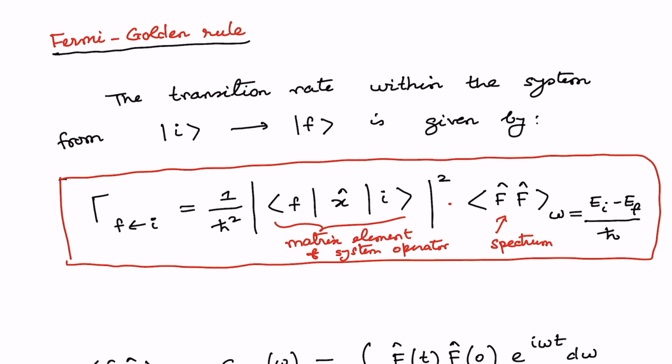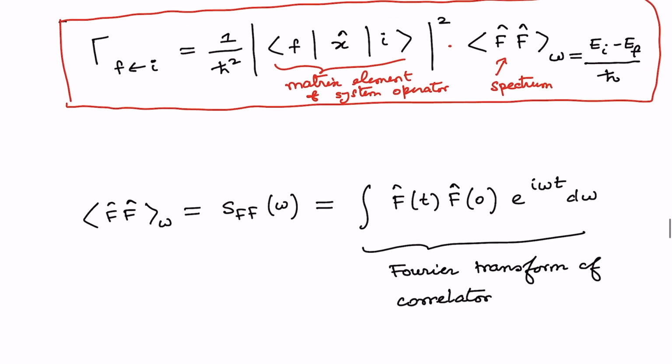This is the spectrum of the fluctuating operator belonging to the environment, and it is calculated at the frequency omega equal to the energy difference between the initial state and the final state divided by h bar. This spectrum, which is also sometimes denoted by the symbol S_FF at frequency omega, is nothing but the Fourier transform of the correlator of the fluctuating operator.